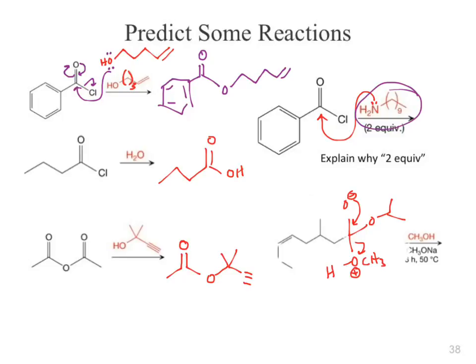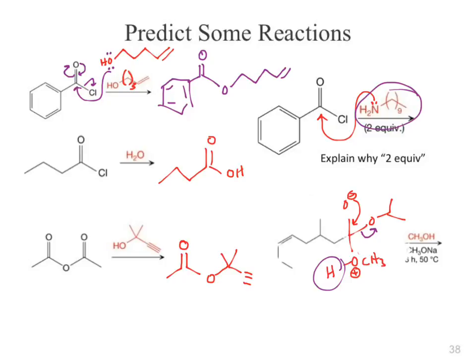So that's not very helpful. So what could we do? We could add a base catalyst. The base catalyst will do what? Remove that hydrogen so that now when our negative oxygen goes to reform that pi bond, we can now kick out the other oxygen as our leaving group.